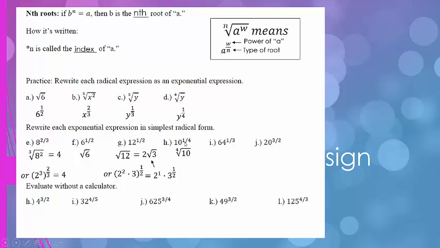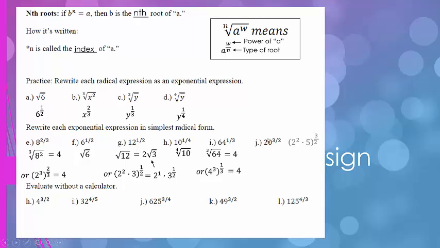Right? 10 to the 1/4 is just the quartic root of 10 to the first. 64 to the 1/3 is cubed root of 64, which we know is 4. Another way to think of 64 is 4 to the third. So if you have 4 to the third to the 1/3, you will still get 4.